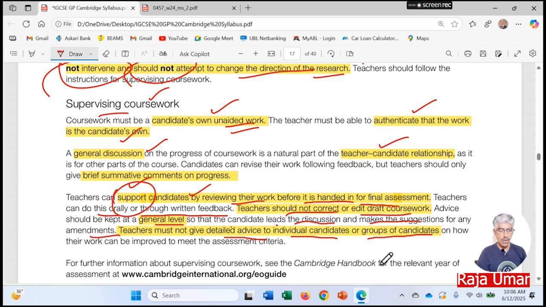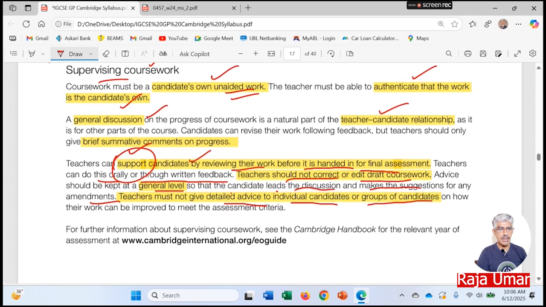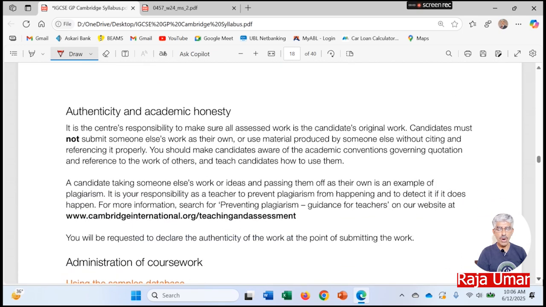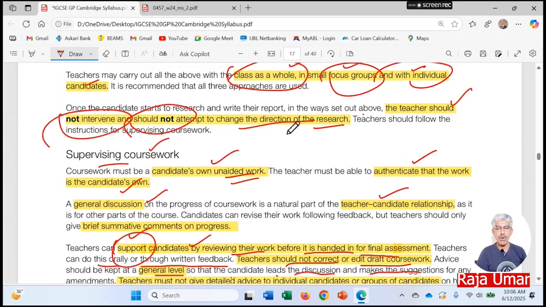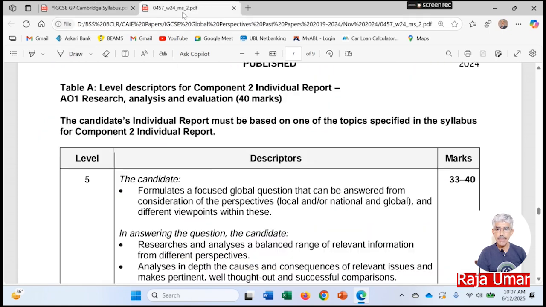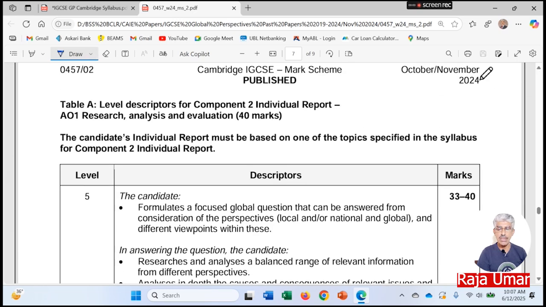So this is how we are done with the overall individual report, that how it should be. Now I'm going to move on to the marking scheme of the individual report. You can see that this is the generic marking scheme, and it is of October-November 2024, the most recent one available with us online.